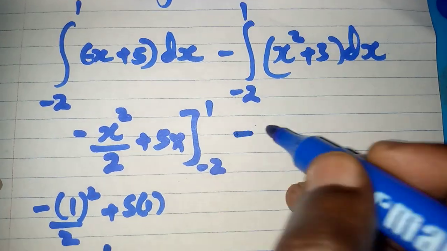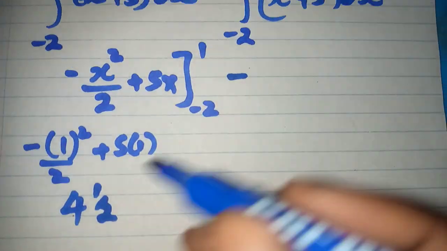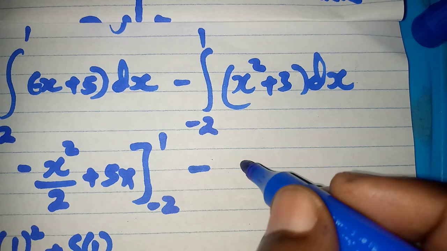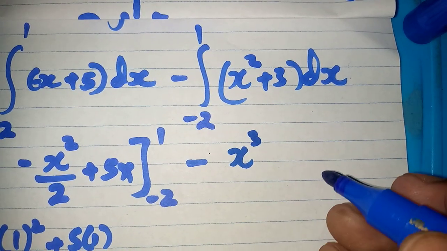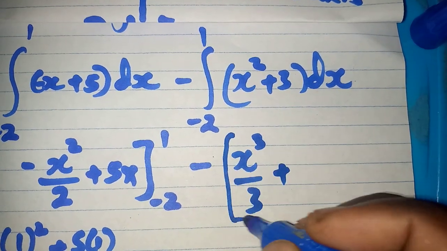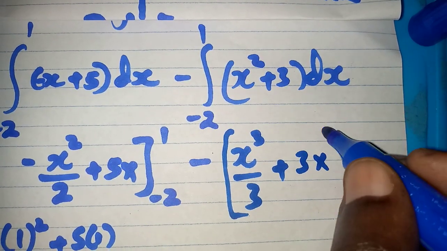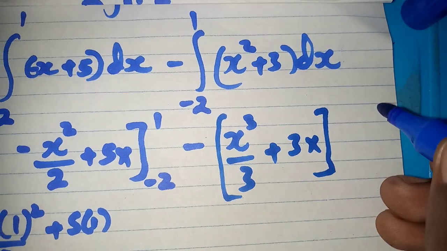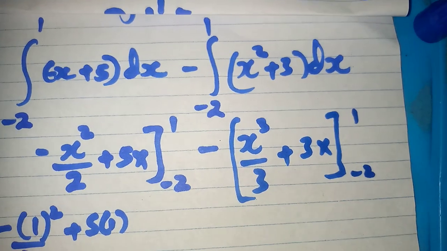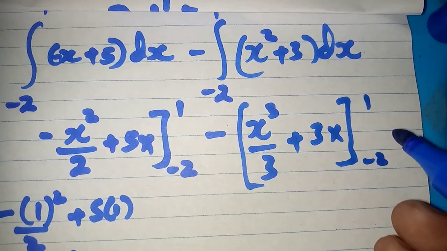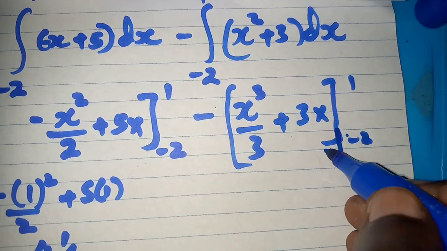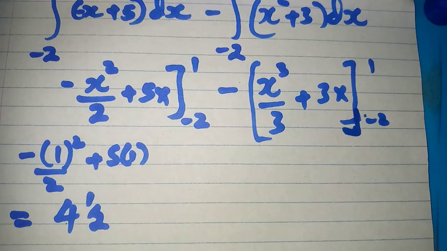For the other side, if I integrate x squared, I have x cubed over 3 plus 3x, with the region from negative 2 to 1. But I'm not done, sorry for the confusion.